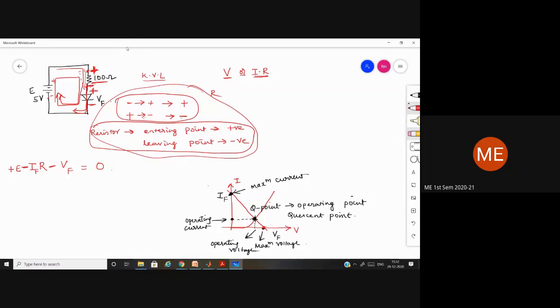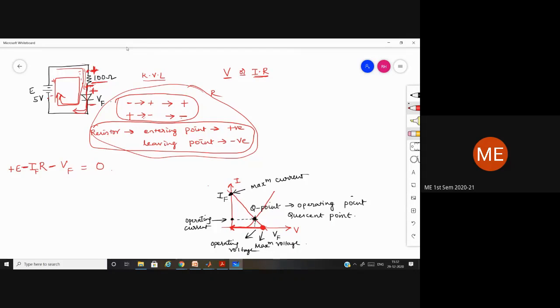If you want this point, just see its horizontal position. What will be the value of current at this particular point? See the graph.